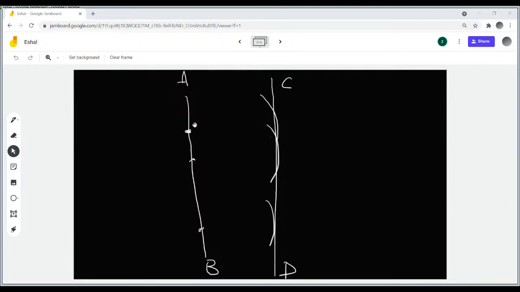So we have got this initial wavefront AB.